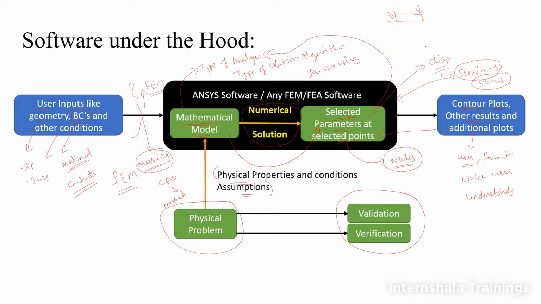The first and foremost assumption is that this cantilever beam is made up of a continuous homogeneous material without any defects. This is one of the major assumptions that we take across most types of analysis. And based on the type of analysis and the solution algorithm you select, the assumptions we take might vary.